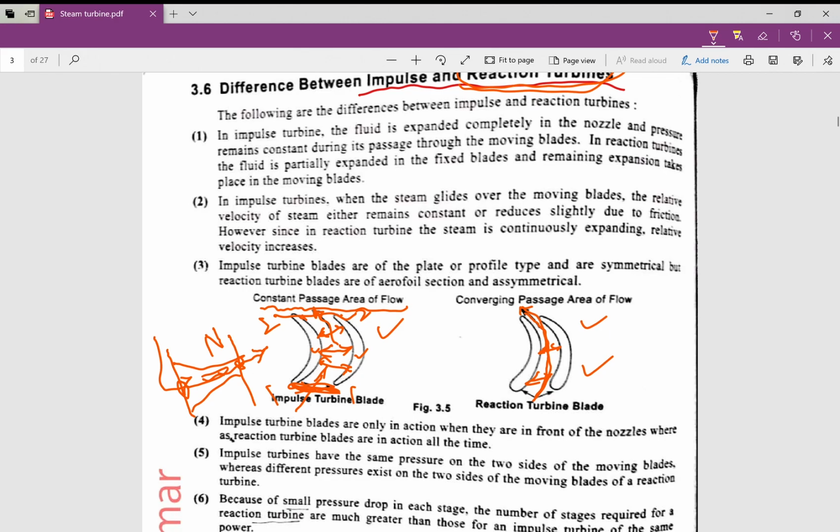So here pressure decreases as you move in the positive direction, and at the same time, if pressure decreases, velocity increases. So this is the main difference between impulse turbine and reaction turbine. We can say a nozzle is introduced in impulse turbine but not in the case of reaction turbine. In reaction turbine, the blade profile or set of blades itself acts as a nozzle. So this is the main difference between impulse turbine and reaction turbine.